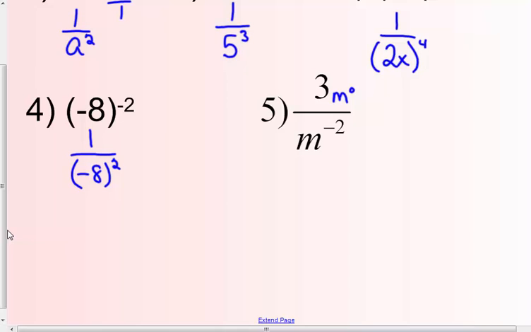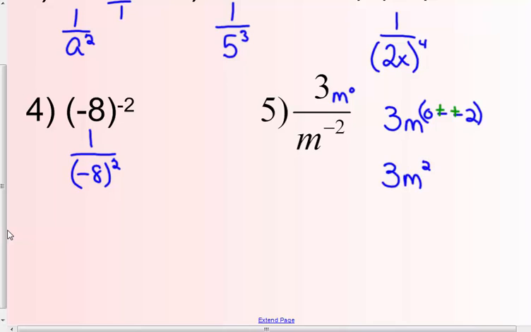So I could say, oh, okay, well, that's 3. And to keep the common base, subtract the exponents. Ooh, that's a negative 2. m to the 0 minus negative 2. Well, we'd have to change that to adding the opposite. And we'd get 3m to the second power.